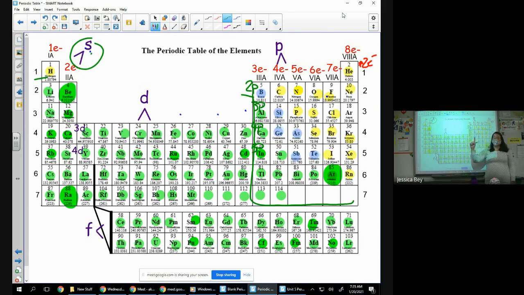Remember, only the first energy level has S, the second energy level has S and P, and the third energy level has S, P, and D. So you don't have a 1P. It starts with 2P. So sometimes students like to write 2P, 3P, 4P, and you'll never go above 5P. Or you can write the numbers down the side here, however you choose to read it.